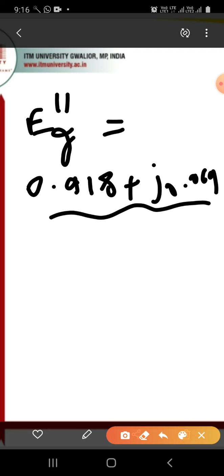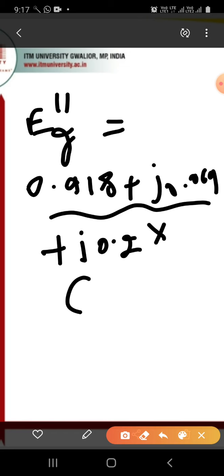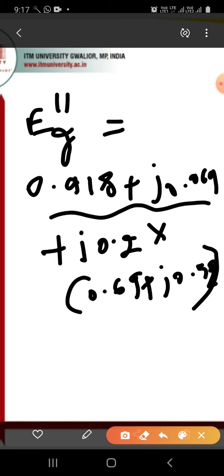So when I am calculating Eg double dash, it will be Vt plus the drop, so plus j 0.2 into the current, which is 0.69 plus j 0.52.